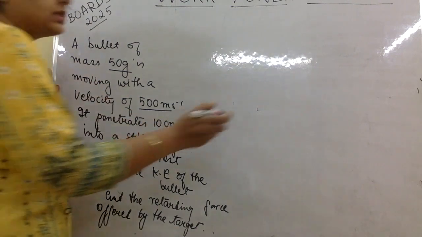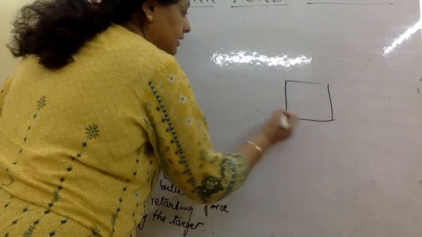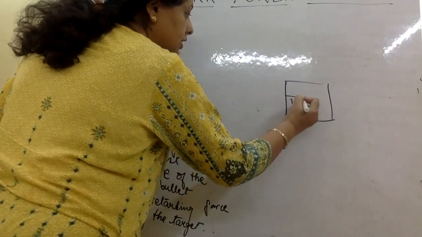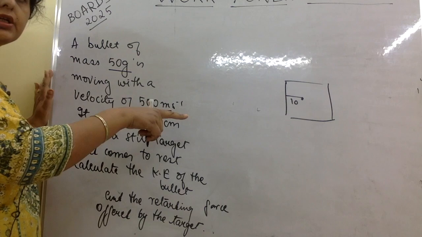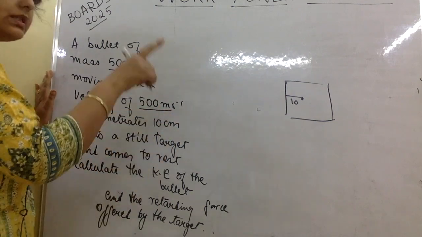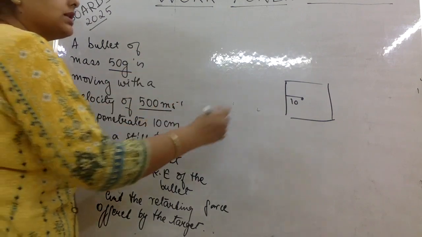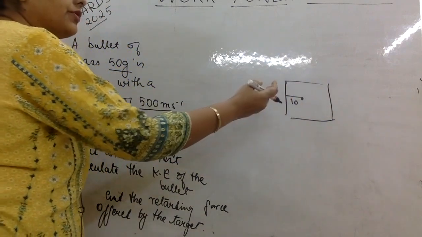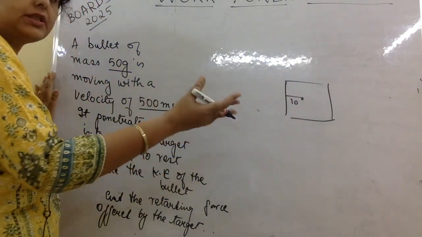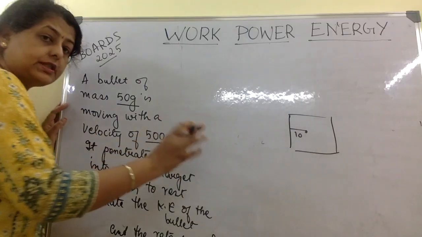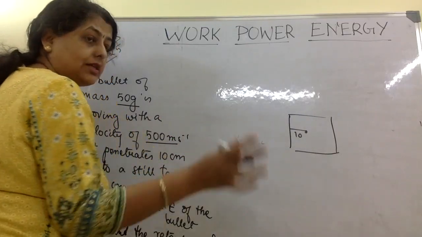Now supposing it is a wooden block, and this bullet goes 10 centimeter into it and then stops. That is the story. Then they are asking what is the kinetic energy of the bullet, and how much is the retardation. How much retardation is this block giving? Of course, this block is giving some retardation.